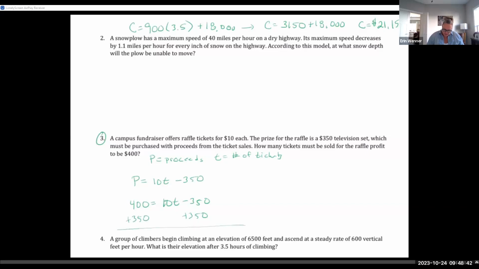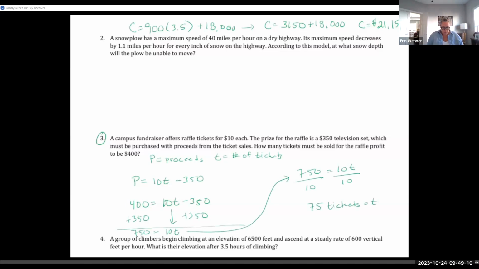And bringing that 10t down, we're going to have 750 equals 10t, divide both sides by 10, and we need to sell 75 tickets in order to make $400 in proceeds, because that 75 tickets includes both the proceeds that we want to make plus the amount of money we need to make in order to buy that TV.